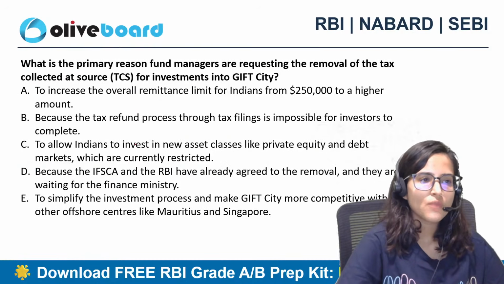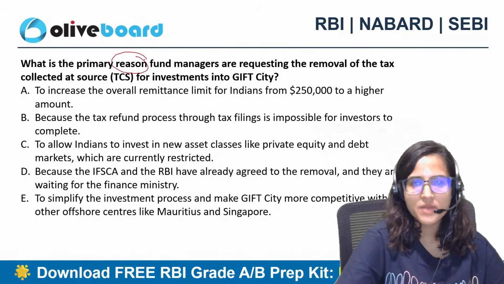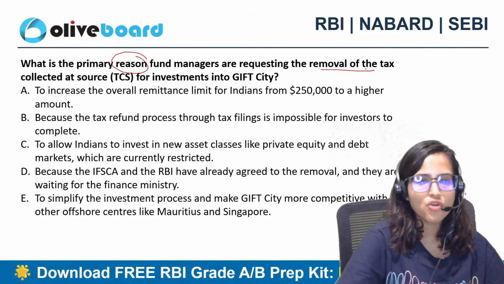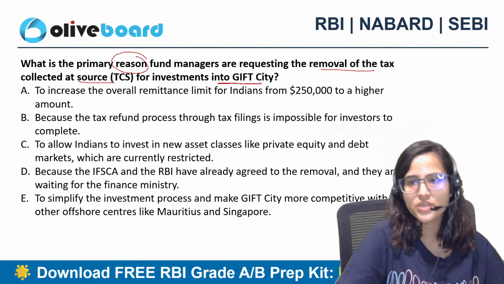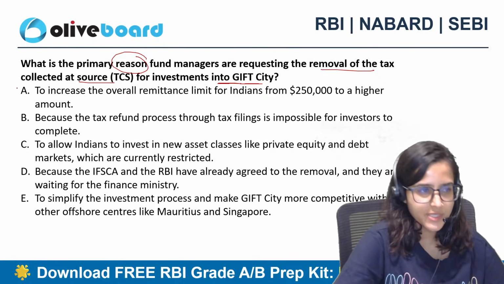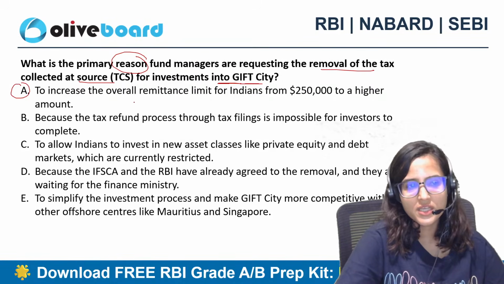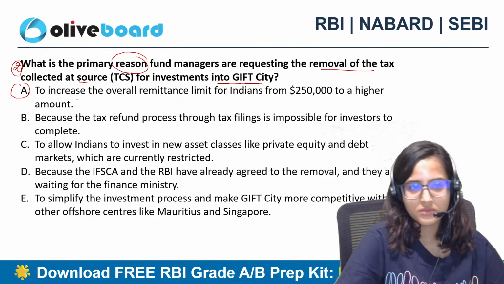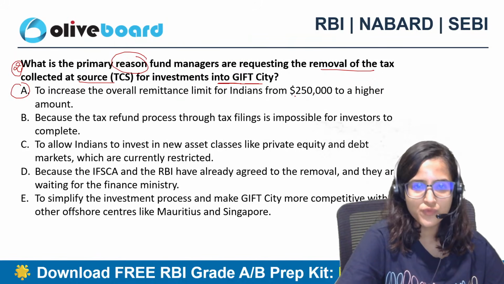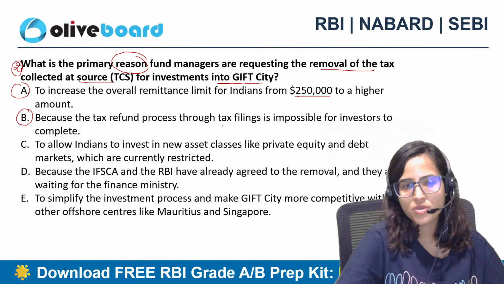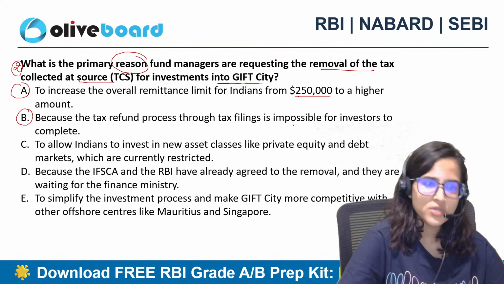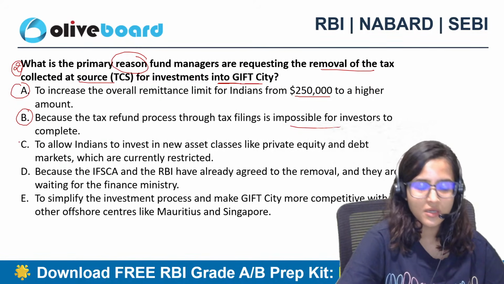Okay? What is the primary reason fund managers are requesting the removal of tax collected at source for investments into Gift City? A, firstly, to increase the overall remittance limit for Indians from $250,000 to a higher amount. B, because the tax refund process through tax filings is impossible for investors to complete.